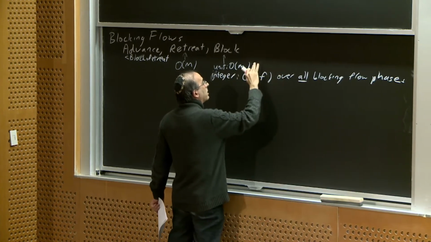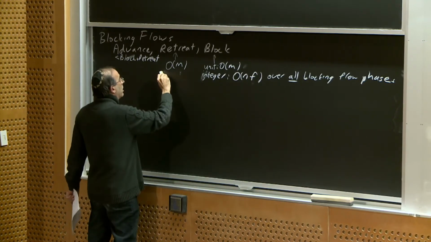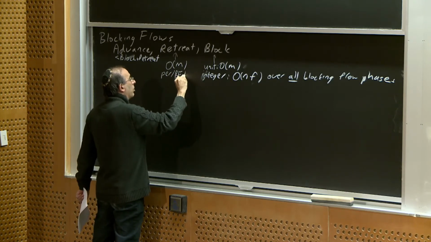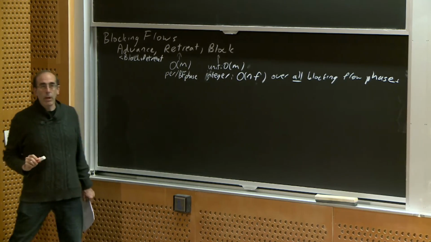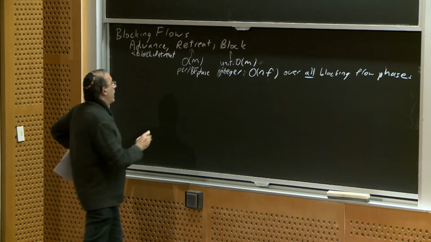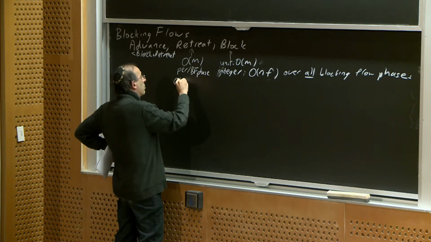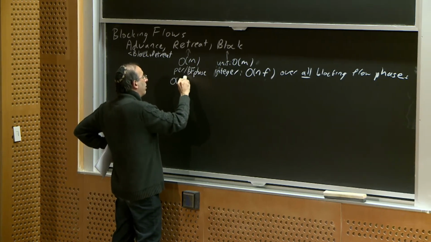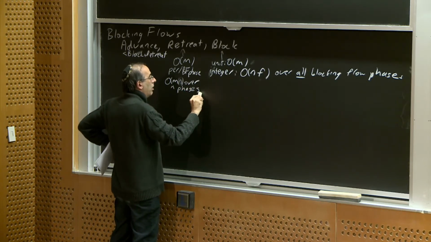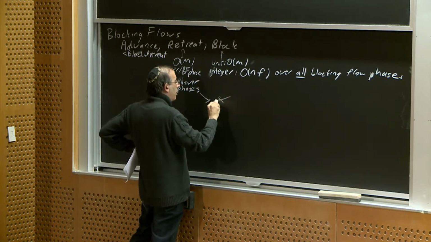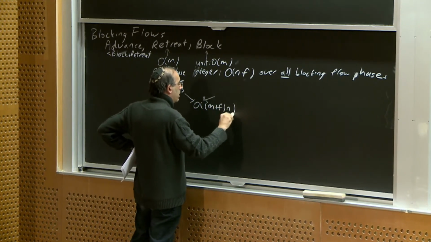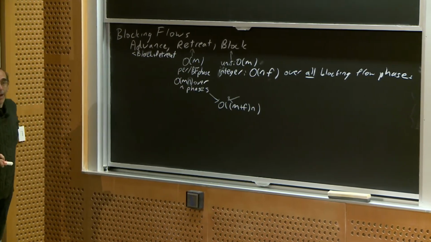Whereas in the unit case, in the retreat case, the O of m work is per blocking flow phase, right? But we put those two things together and said that the retreats are order mn over all phases. And so then we put these two observations together and found out that our overall runtime was order m plus f times n in integer capacity graphs.